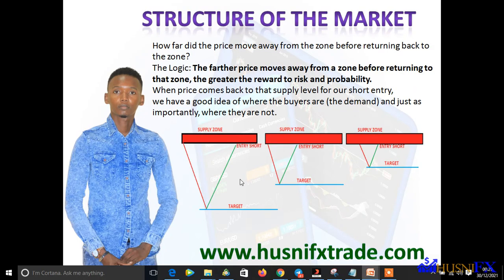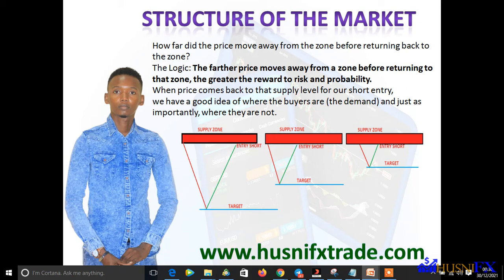So in here, how far did the price move away from the zone before returning back to the zone? The logic: the farther price moves away from the zone before returning to the zone, the greater the reward, risk, and probability. So when price comes back to the supply level for our short entry, we have a good idea of where the buyers are at the demand, and also just as importantly where they are not.